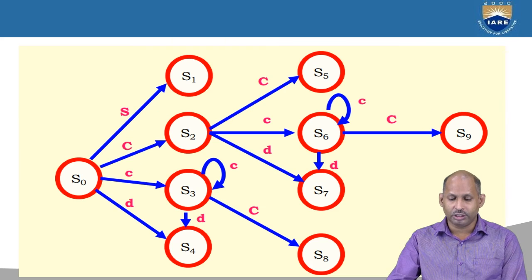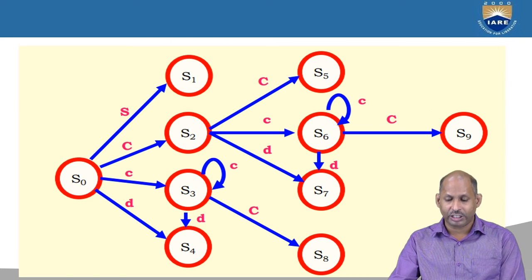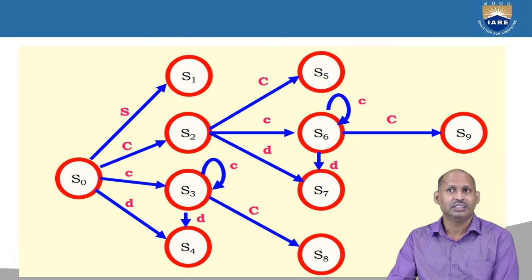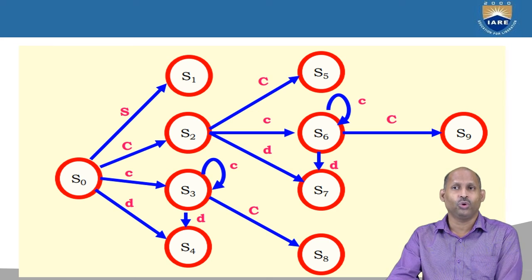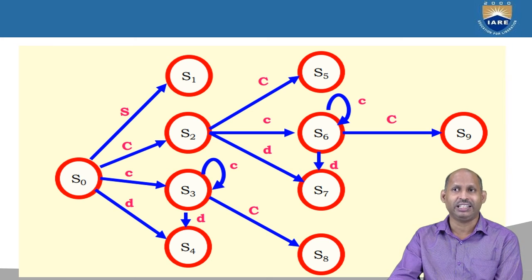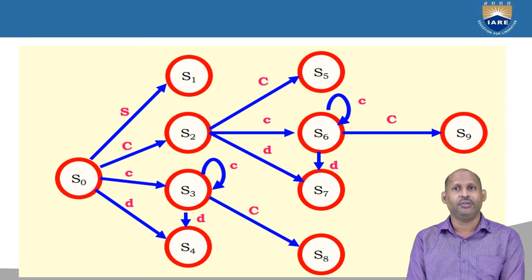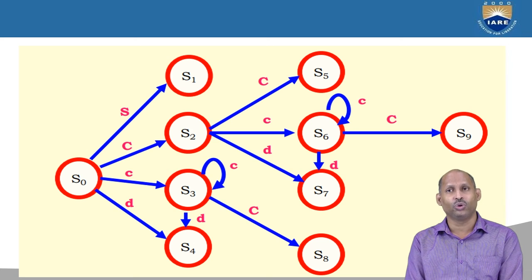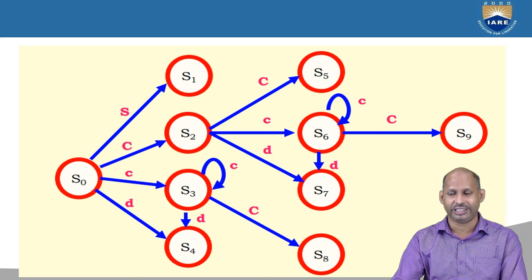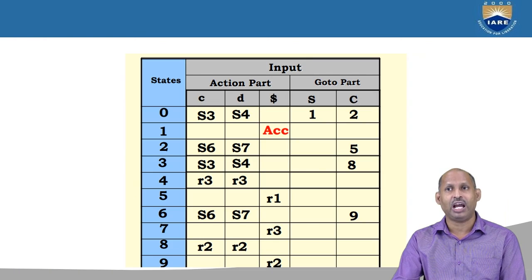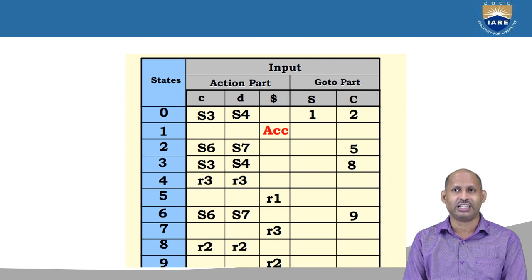Then, from this grammar, these are the go-to operations on the variables and terminals between the states. From this, we have constructed our parsing table.